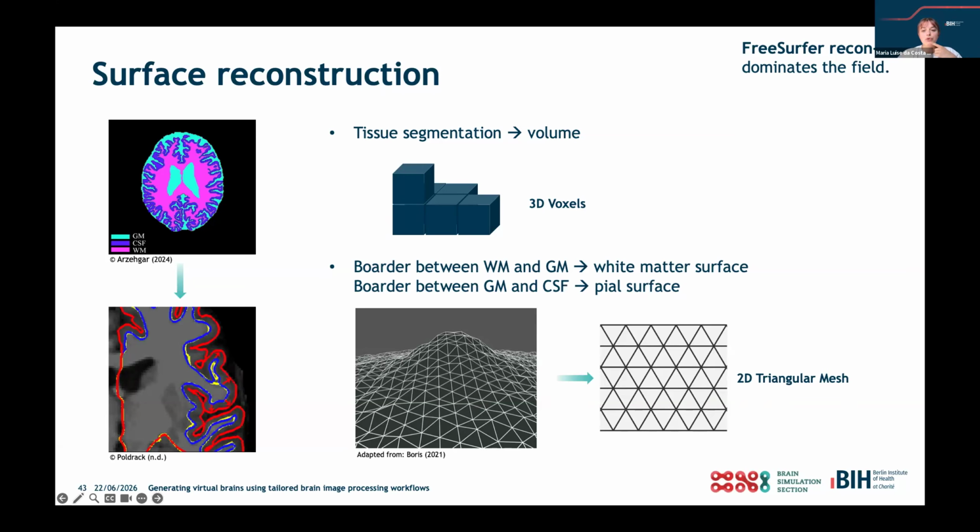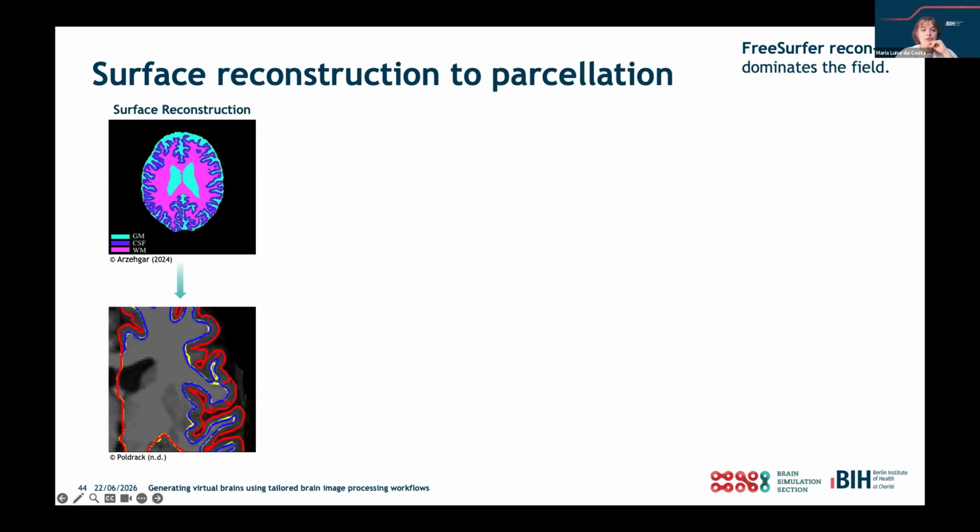For this, normally you convert the tissue boundaries that we see here into those triangular meshes. And so you have at the end the wonderful surface you can use.